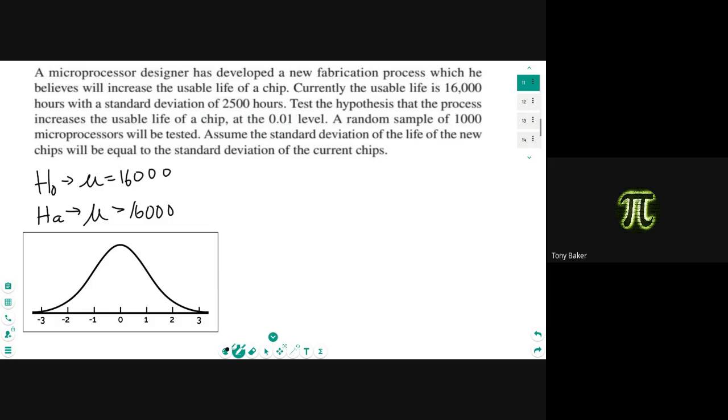All right. The next thing that I typically do is I will find my significance level and mark up my graph. That's the next thing I do. So what is my significance level for this problem? 0.01.